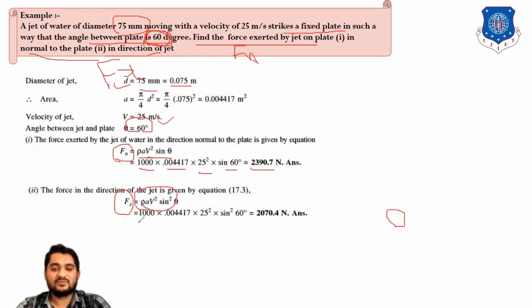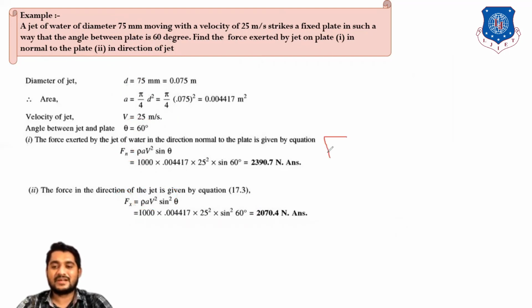That means you can find the value of Fx is equal to 2070.4 Newton. Remember student, here they haven't asked for the value of Fy. That means it is not necessary to find all the forces. Clear? And you don't have to remember all the equations. You just have to draw the basic or rough sketch and then derive the equation in one step only.